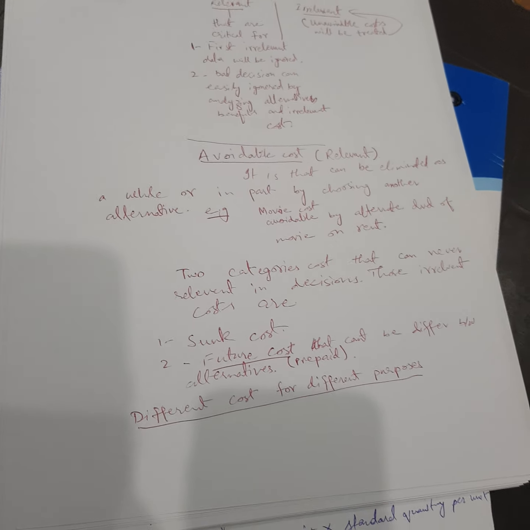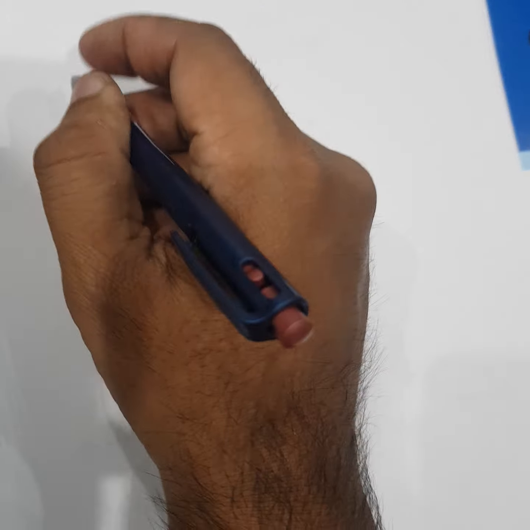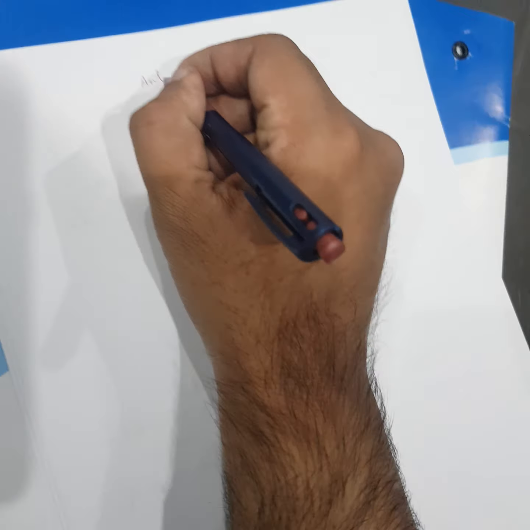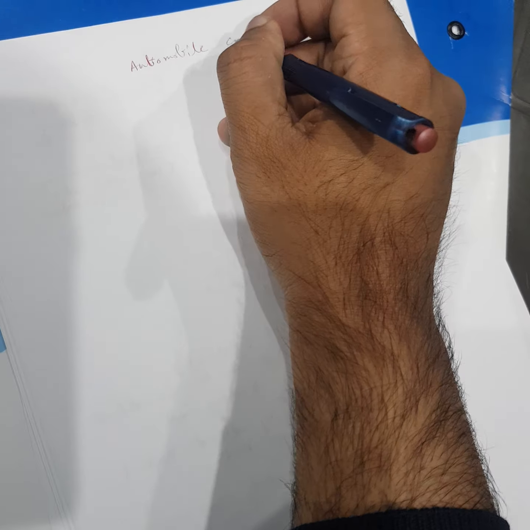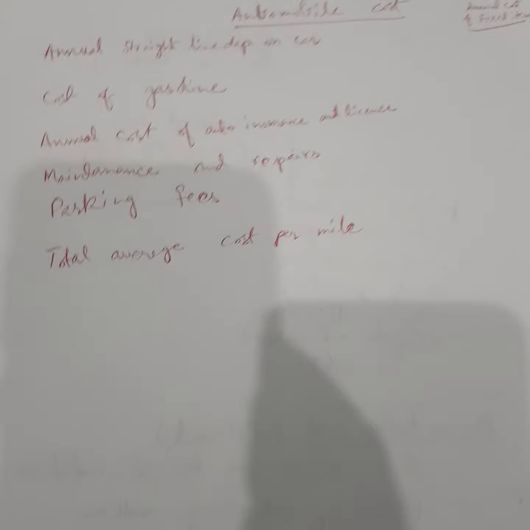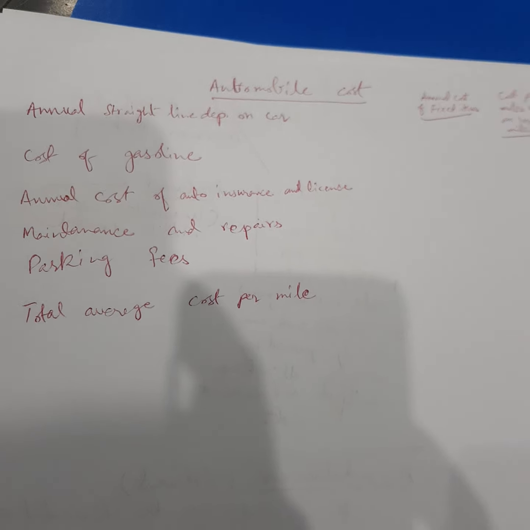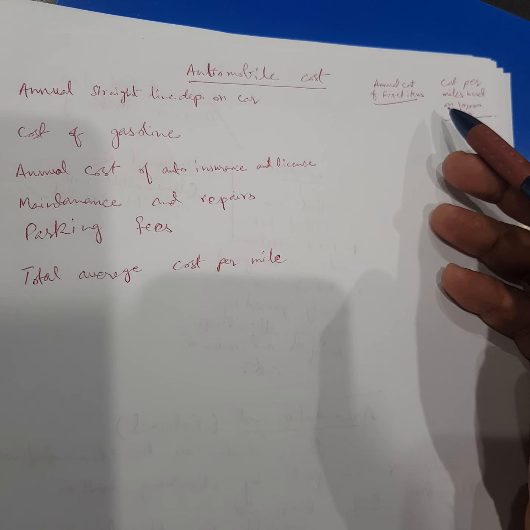So let me give you an example of automobile related costs. By taking the automobile cost example, there are two types of methods to calculate the costs.